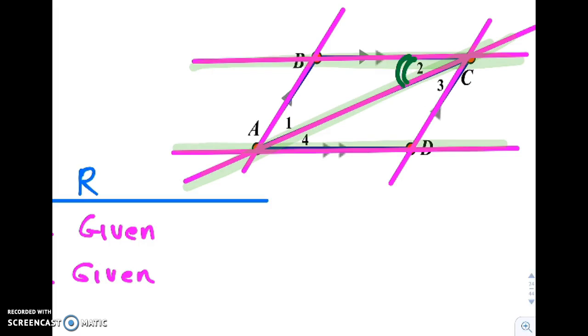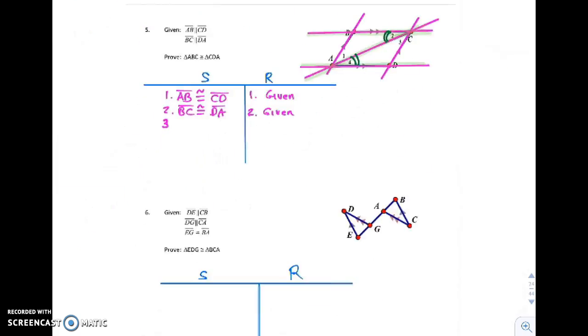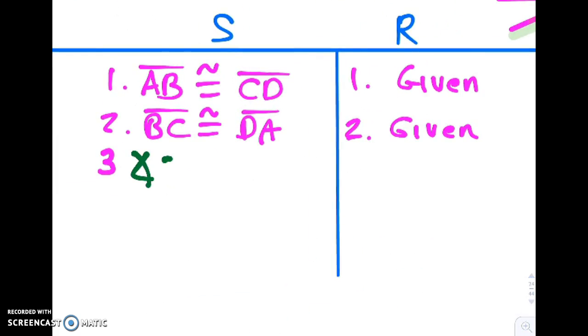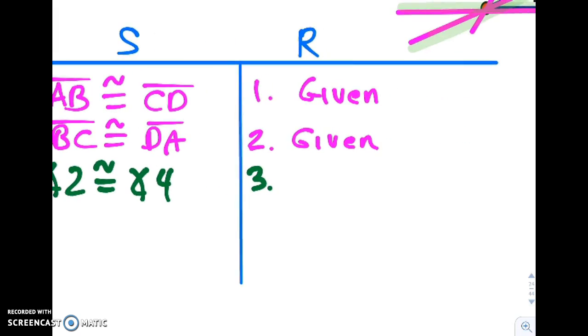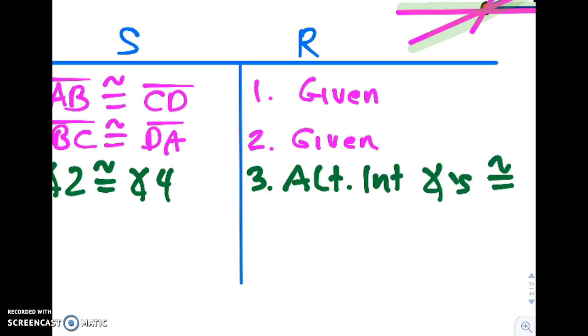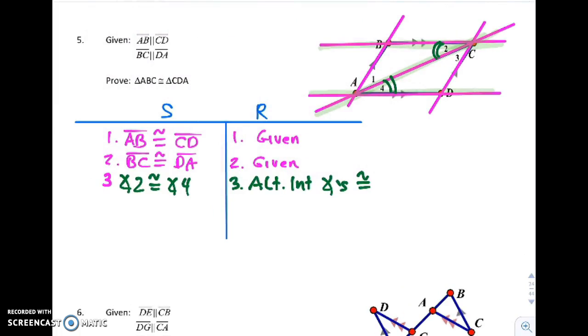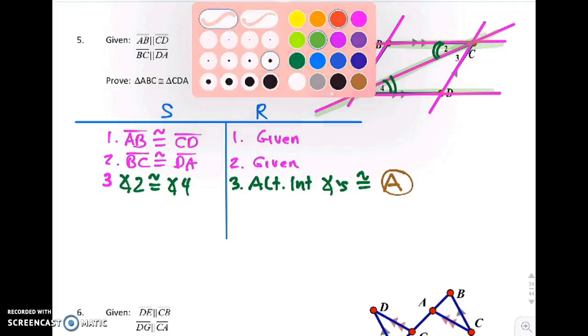I'm seeing angle 2 and angle 4 as alternate interior angles, and those are congruent. So angle 2 is congruent to angle 4 because alternate interior angles are congruent. And there's a congruent sign there, so I have a pair of angles right away. Now I have 2 different parallel lines.